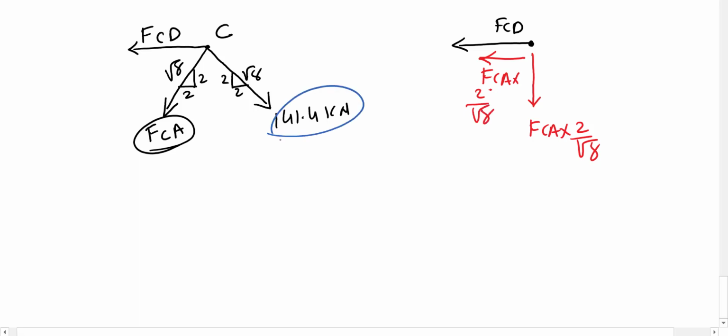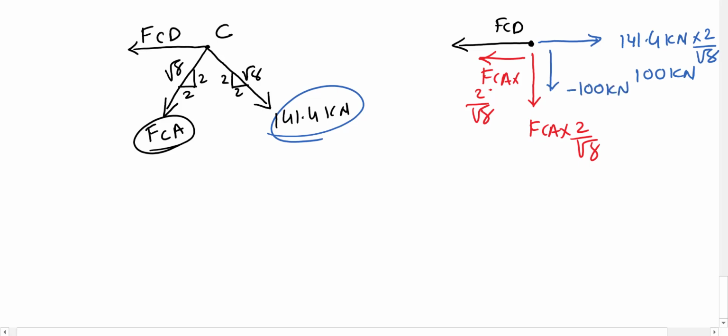And for this force, we would have 141.4 kilonewtons times 2 on square root 8, that gives us 100 kilonewton, and it is also downward, minus 100 kilonewton. Because if you multiply 141.4 kilonewton times 2 on square root 8, it gives 100 kilonewton.